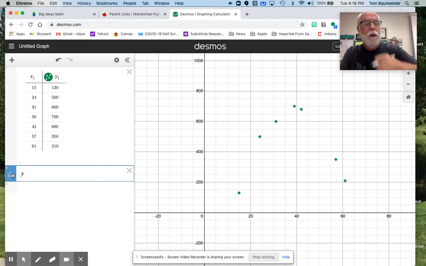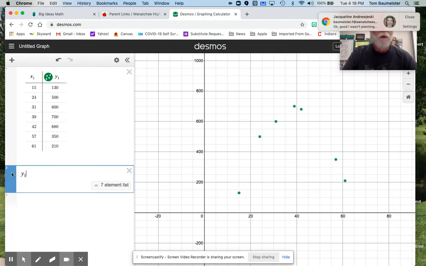Remember, it's in standard form, so I have to put y sub 1. And when you're on the calculator, you're going to find the tilde. If you're using your computer, it's right below the escape, and you have to use the approximate.